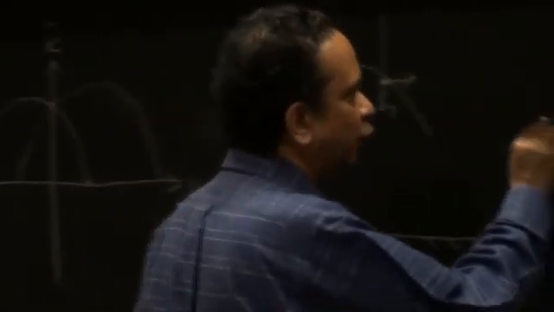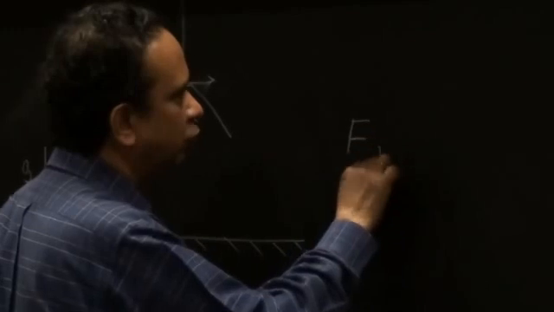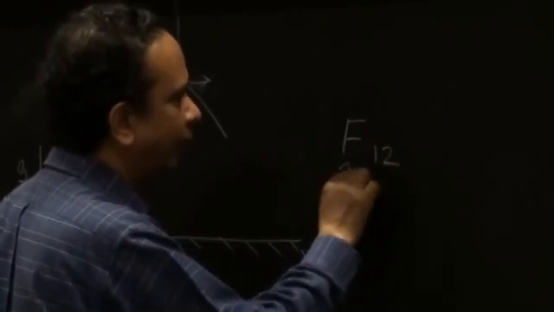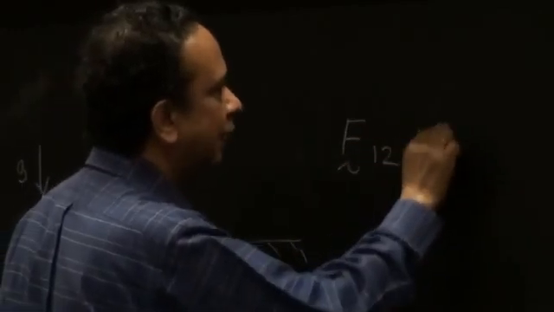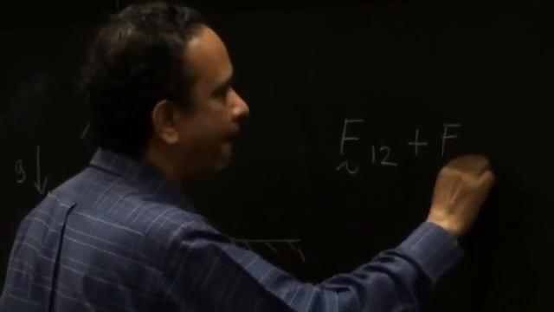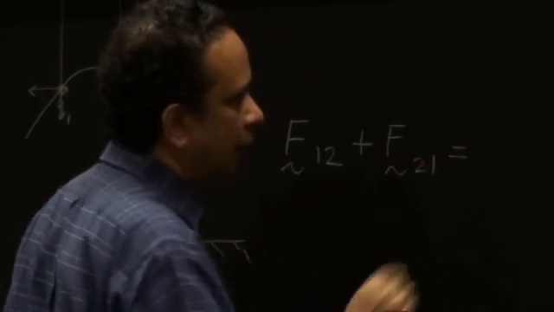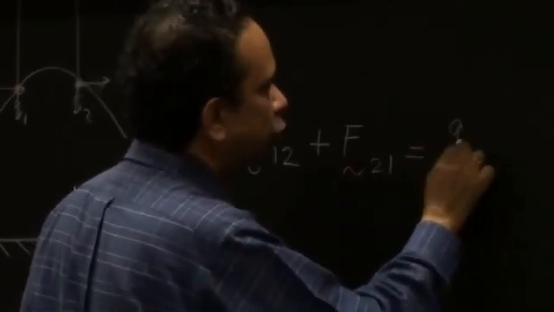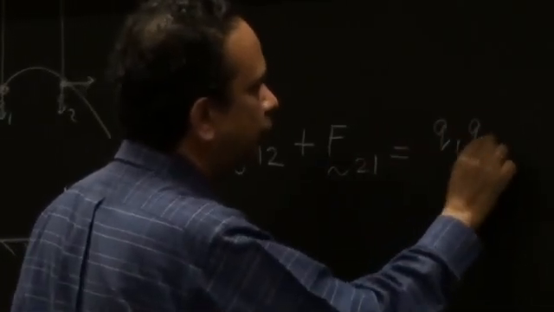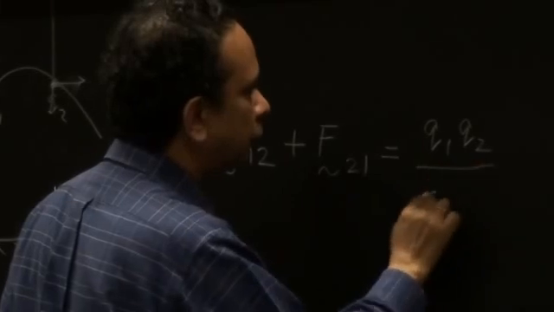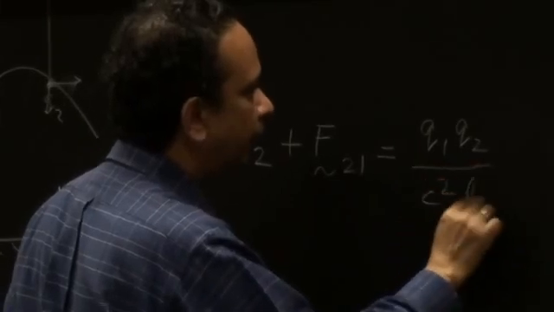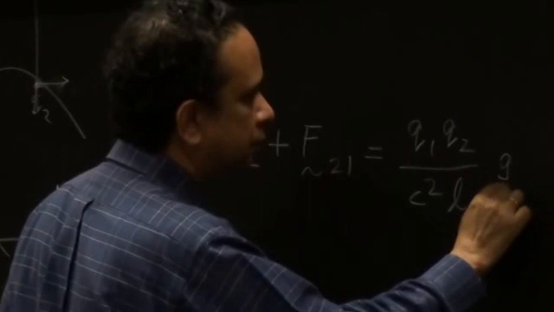And when you do that, you find that F12, in fact it works for Fij, F12 plus F21 turns out to be equal to Q1 Q2 upon C square L G.